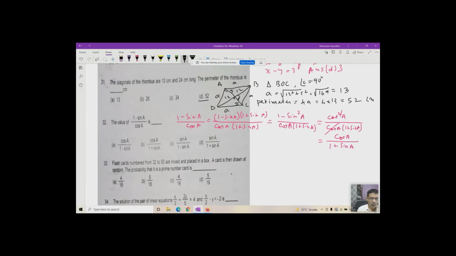Here, flashcard numbers from 32 to 50, how many cards are there? From 32 to 50, there are 19 cards.